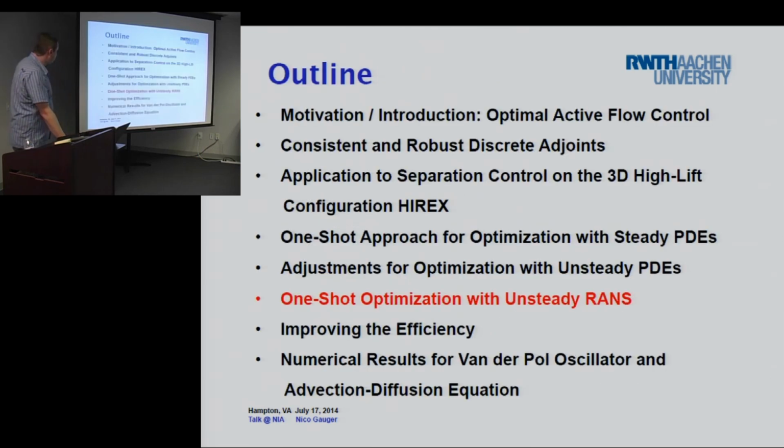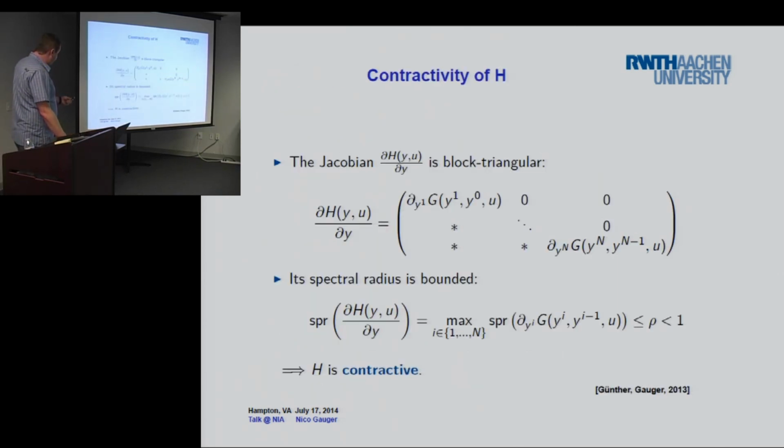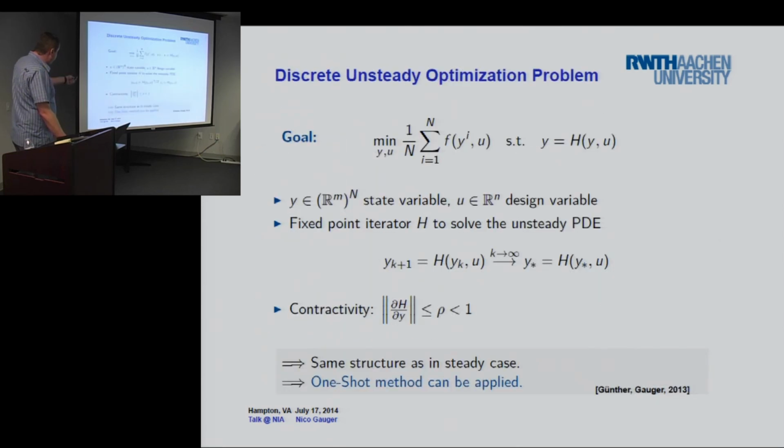Now the question is, can we do one shot with this approach? First of all, we have that h is contractive, less than 1. So we have fulfilled everything as before. We have the same structure as in the steady case, and we can apply the one-shot method.